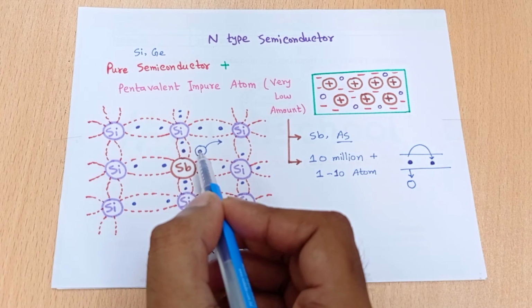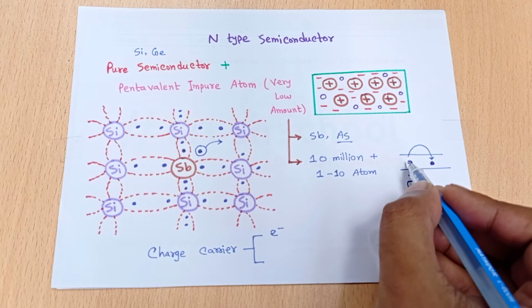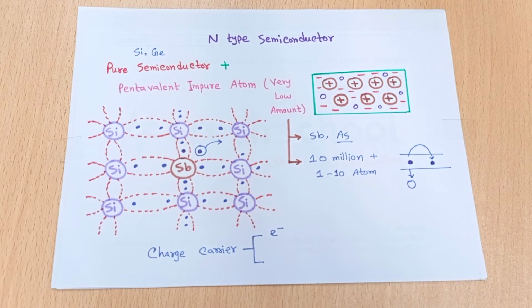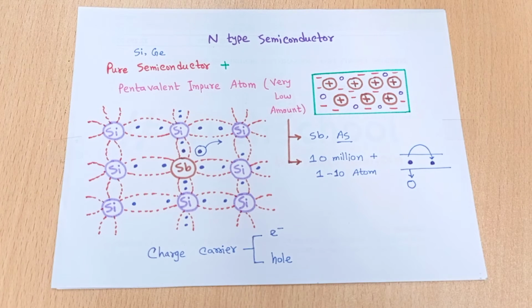So here we do not see any hole in the semiconductor, but there is a presence of holes, because when the electron passes from one position to another position, it creates some vacancy of the electron. So a hole is not a positive charge or positively charged ion, it is only the vacancy or leakage position of the electron. The flow of hole and electron are opposite to each other.